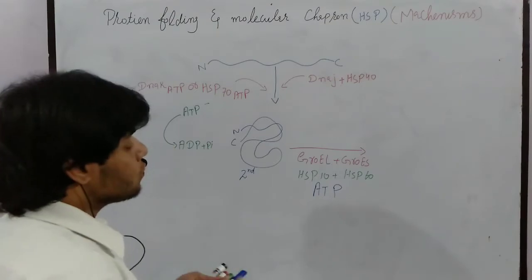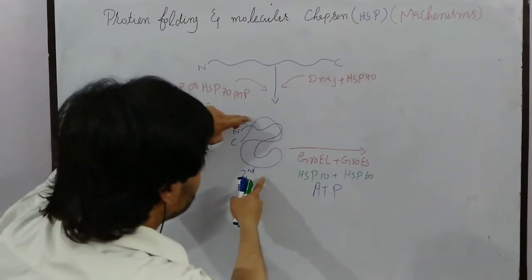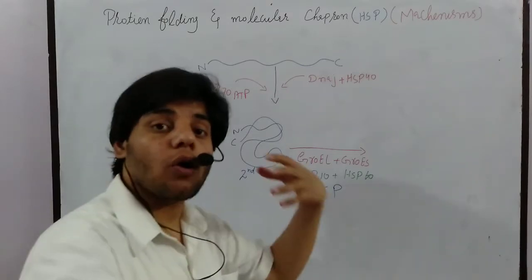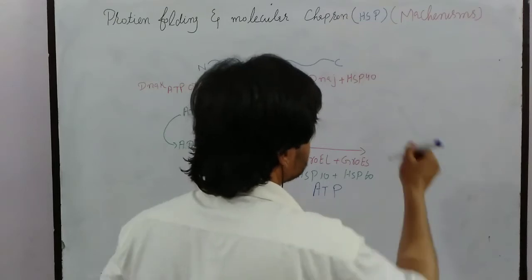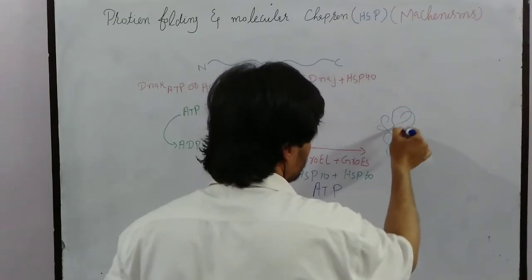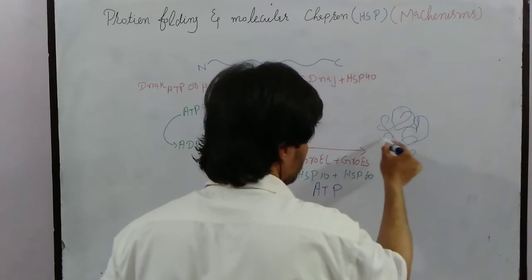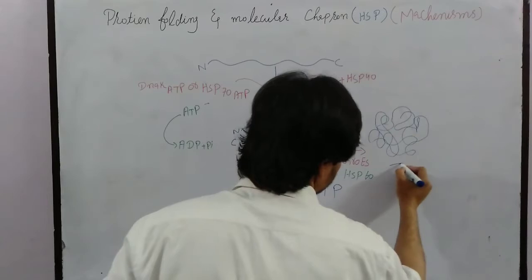Okay, so these two proteins are involved to convert this folded form, this secondary form of the protein, into a tertiary structure, and somehow we will get the protein structure like that. So this is the tertiary structure of the protein.